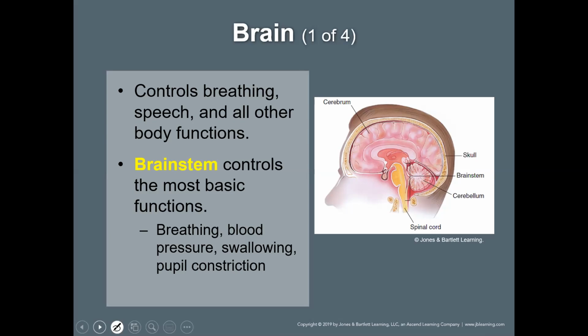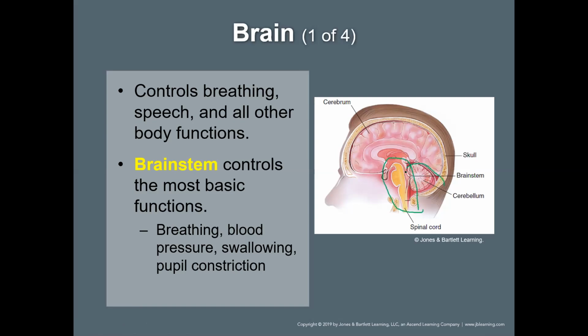So the brainstem controls the most basic functions: breathing, blood pressure, swallowing, pupil constriction, all of that. This is the brainstem right here.